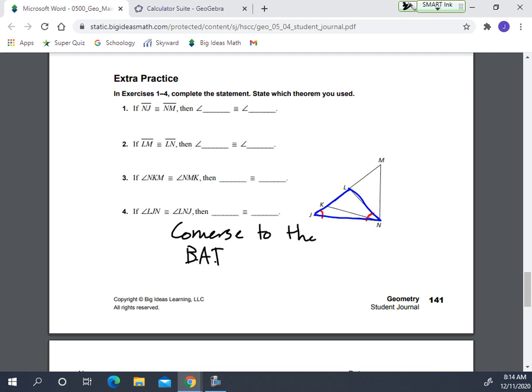Well, opposite those angles, we know that LJ is congruent to LN. Notice, I said LJ and not LK. I'm talking about this whole side, and this whole side. I'm not talking about this. I'm talking about the whole thing.